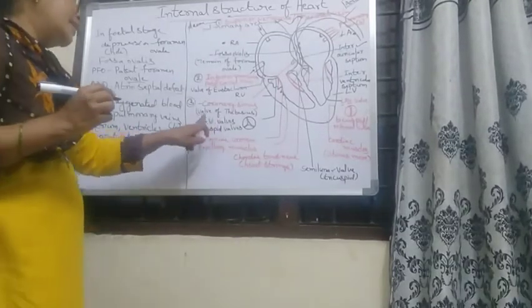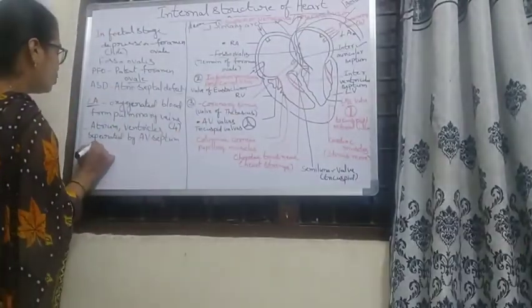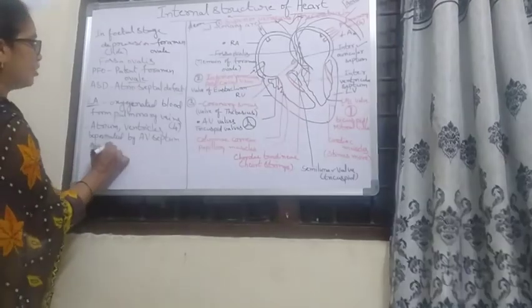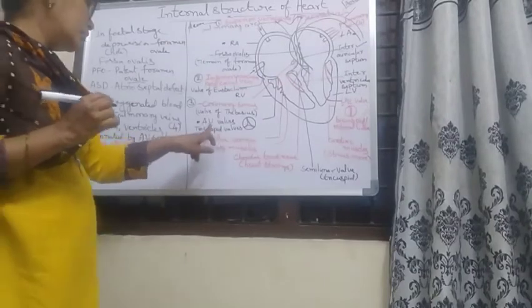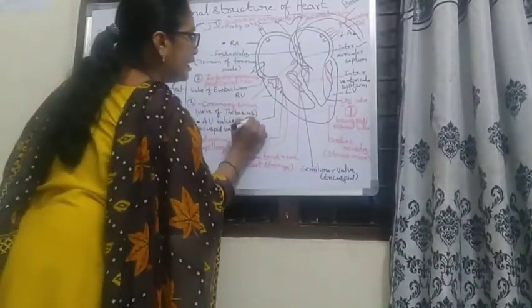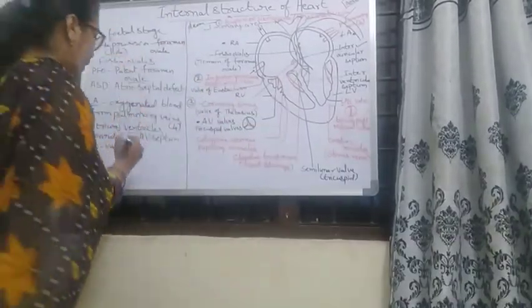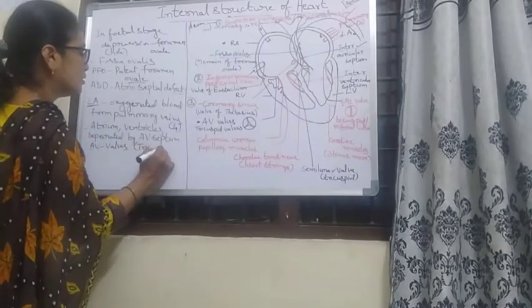This septum contains AV walls, atrioventricular walls. On the right side, these are called tricuspid walls, meaning they contain three cusps, like a tricuspid. So these are called tricuspid walls.